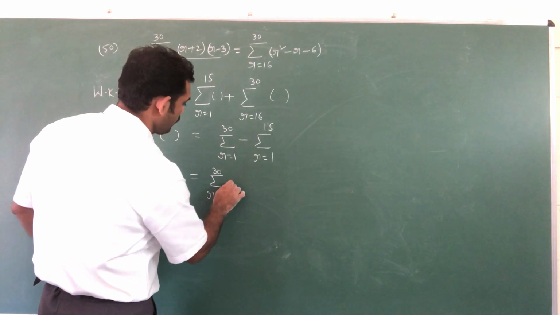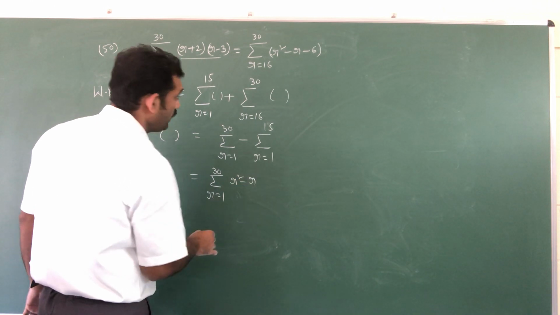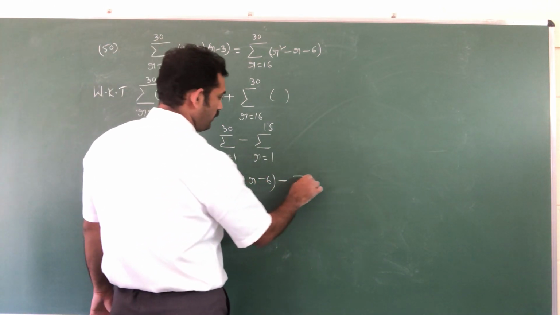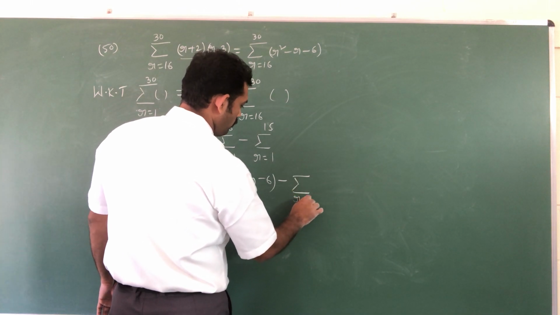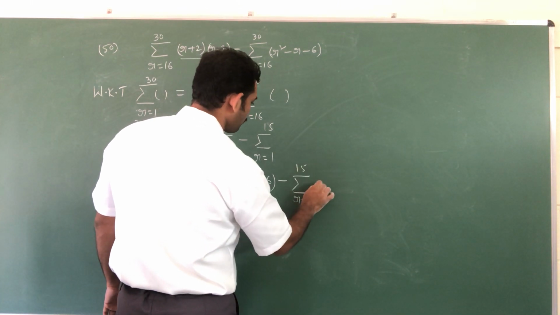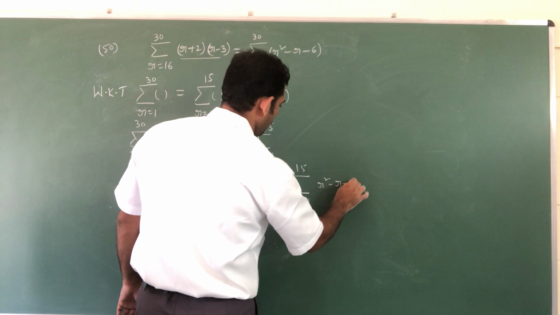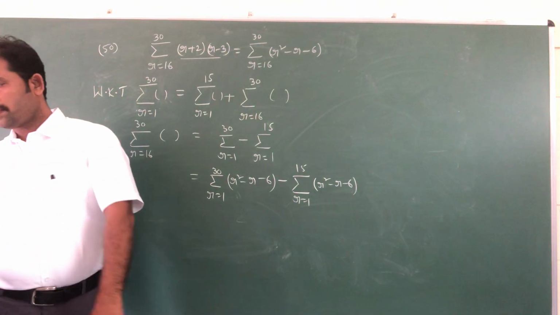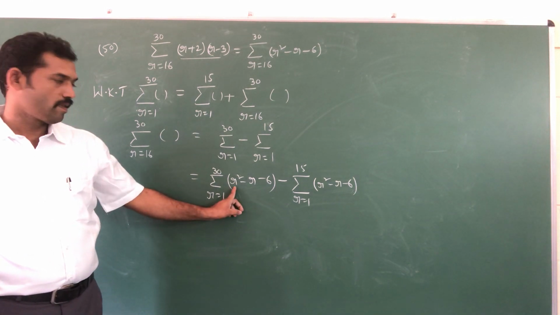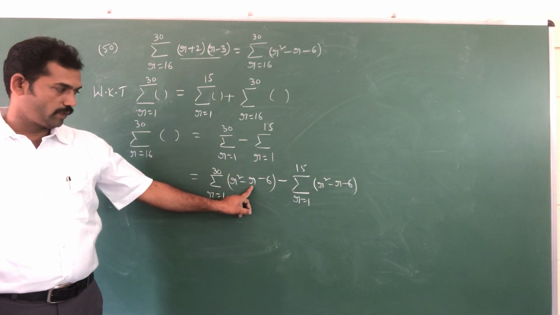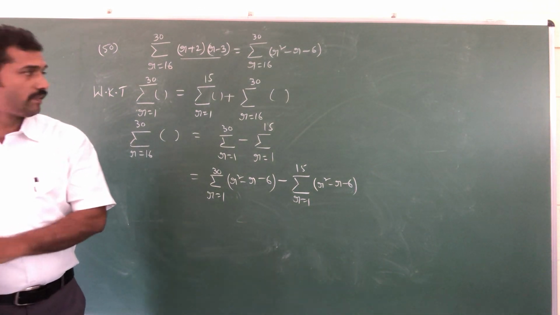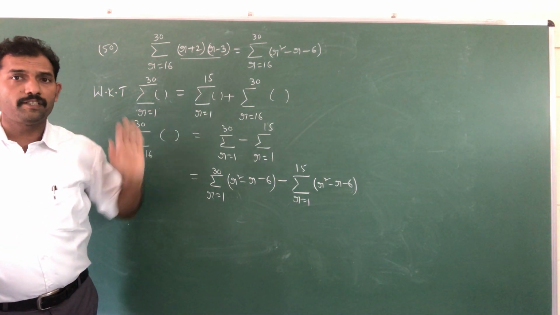R square minus R minus 6, minus sigma R is equal to 1 to 15 of R square minus R minus 6. Now R is equal to 1 substituted, what happens to this value? 1 minus 1 minus 6. Understand this separation.